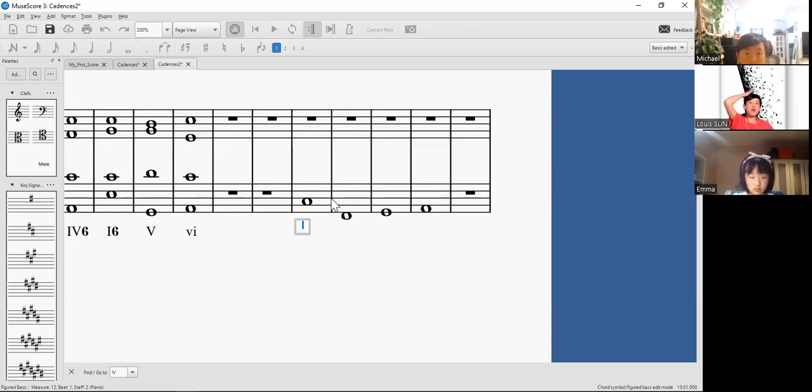And looking at this, voice exchange is actually perfectly possible. Let me just put the chord notes in. 1, 4, 5, 6. Okay. How can we employ voice exchange here?